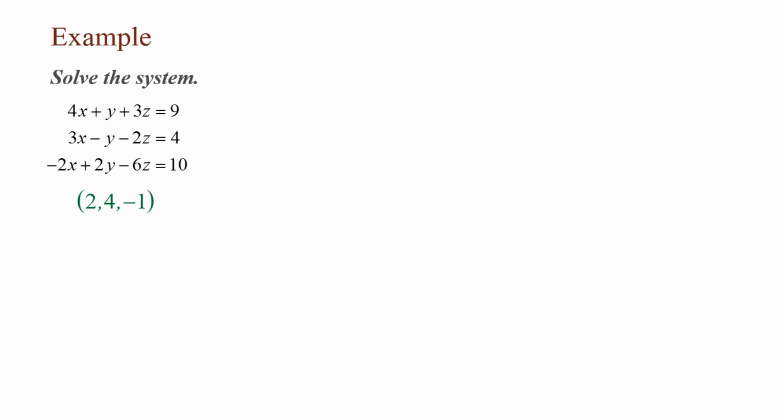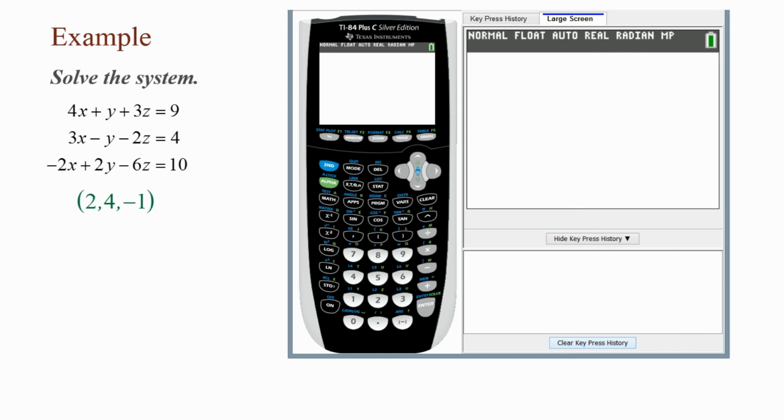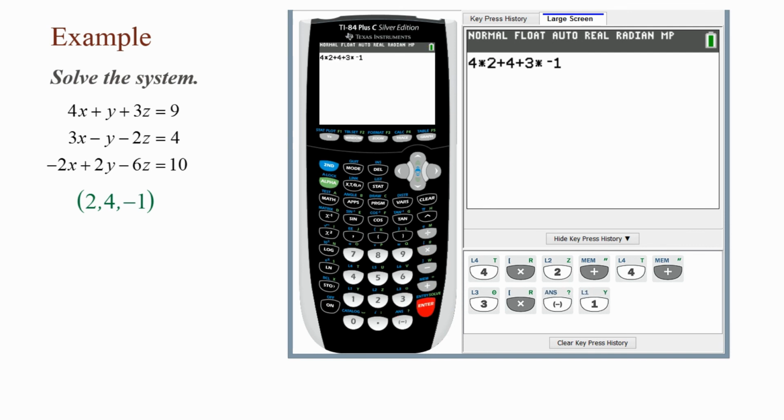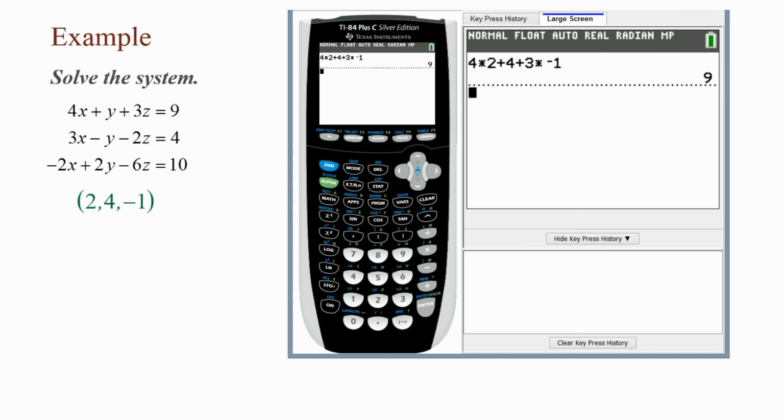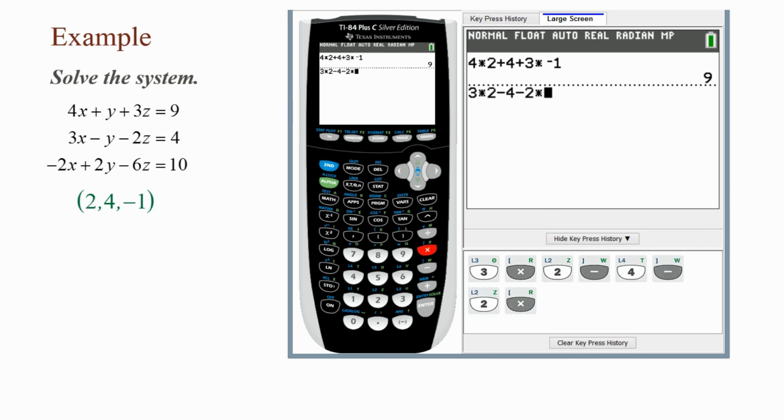Now I want to check my work. We want to substitute into each of the equations. My first equation is 4x plus y plus 3z equals 9. 4 times x, which is 2, plus y, which is 4, plus 3 times z, which is negative 1, should equal 9. Now for our second equation, 3x minus y minus 2z equals 4. 3 times x, which is 2, minus y, which is 4, minus 2 times z, which is negative 1.